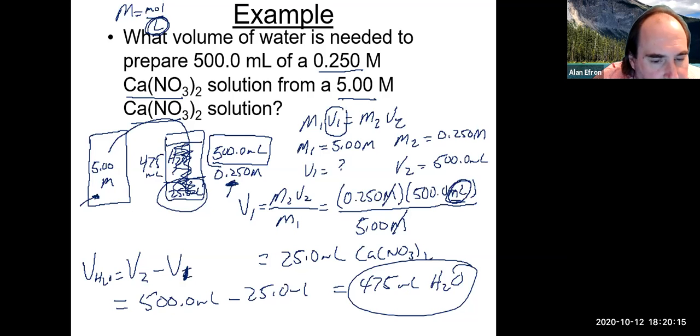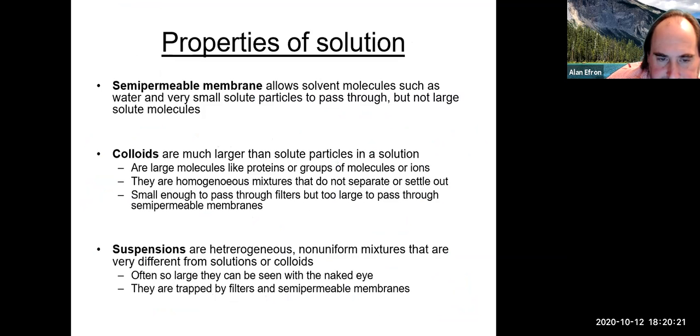Okay, so we will then talk about properties of solutions next, and some of the different properties that we have. One thing is known as a semi-permeable membrane, which is a membrane that separates two sides and allows certain size molecules or particles to pass through and others not so much.